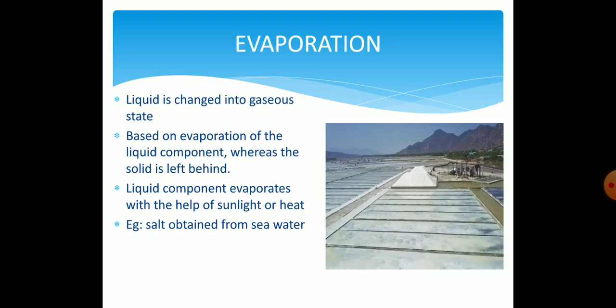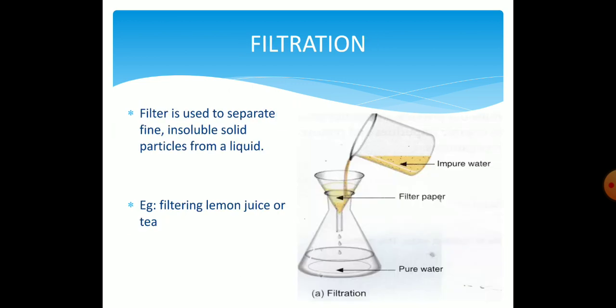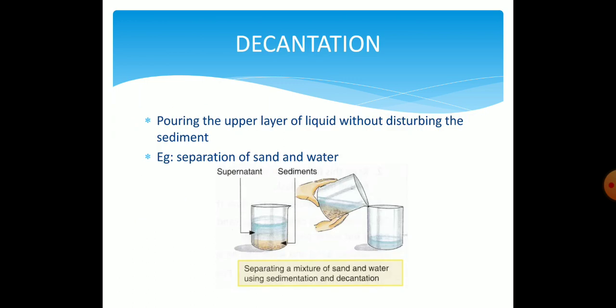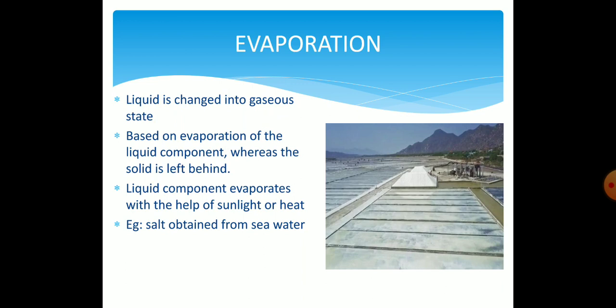Okay children, now you have to write down the differences between compounds and mixtures, and the definitions of the separation methods of mixtures. All these titles: sieving, sedimentation, then decantation, then filtration and evaporation.